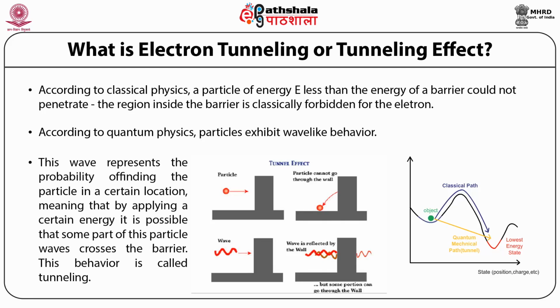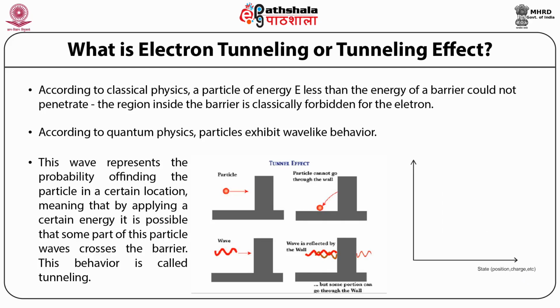This wave represents the probability of finding the particle in a certain location, meaning that by applying a certain energy, it is possible that some part of this particle wave crosses the barrier. This behavior is called tunneling.